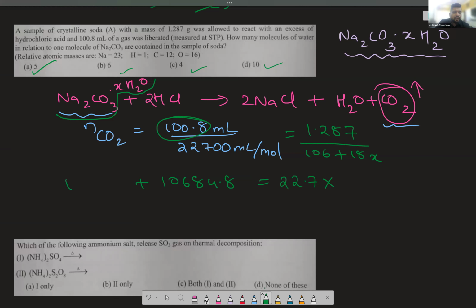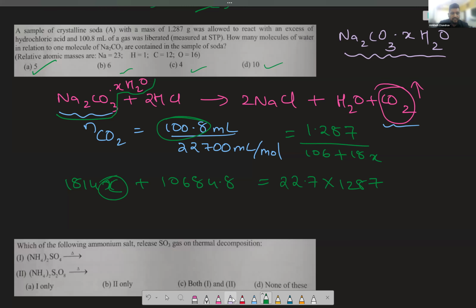So 1814.4 x. Oh, wait. 1814 also is going to give us the correct answer, I'm guessing. Right. So this is 22.7 into, I'm taking three decimals to the side, so it will become 1287. This is what we have to solve, right? And from here, I'm going to get the value of x.